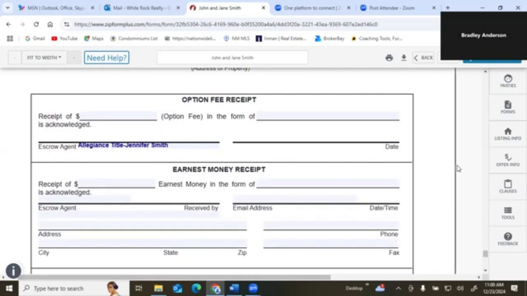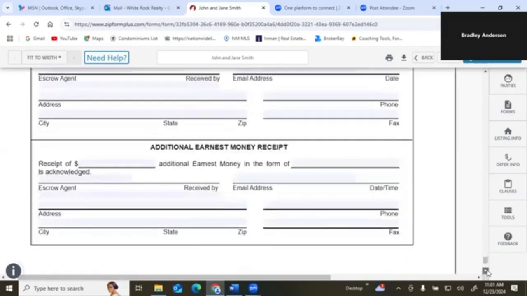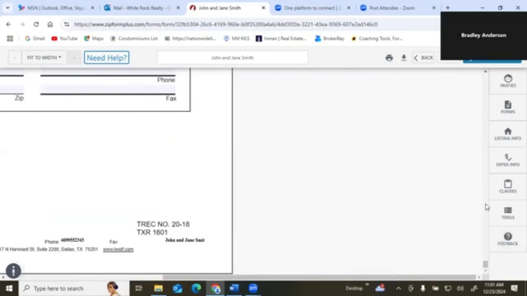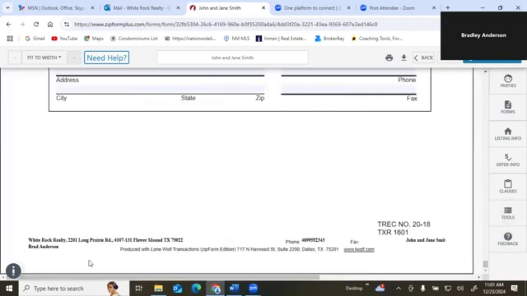And they receipt it, date it, which is important because the date needs to be reflective of, hey, they got this in on time. Okay, that, once this is done, constitutes a fully executed contract. Okay, so that kind of concludes the explanation of the 1-4 as it exists in its current version as of December 2024.